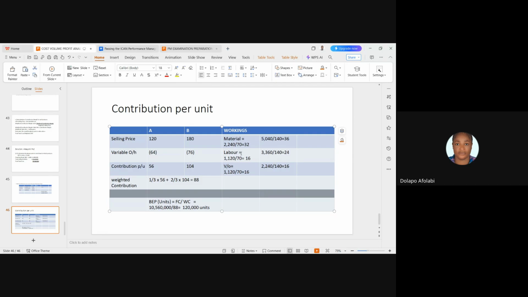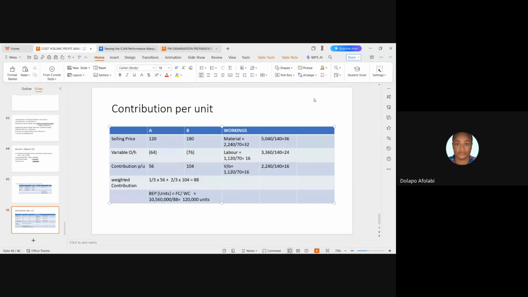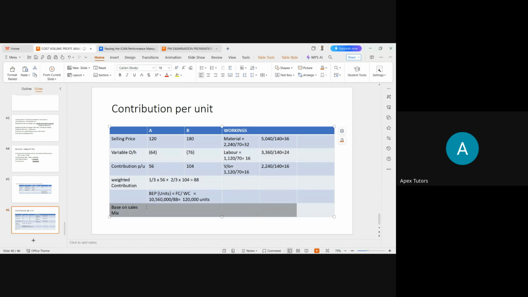Based on sales mix, A will be equal to 1 divided by 3 multiplied by 120. And the result will be what?